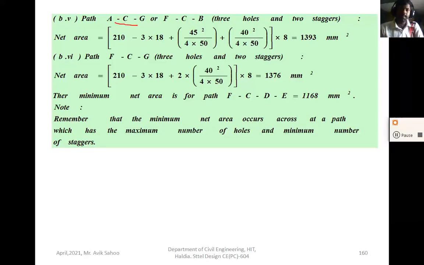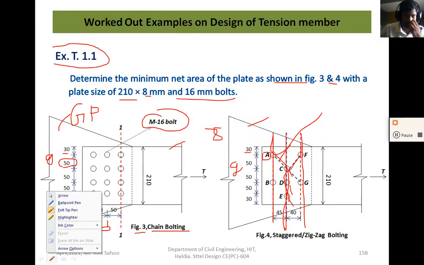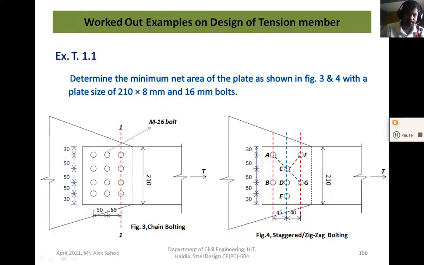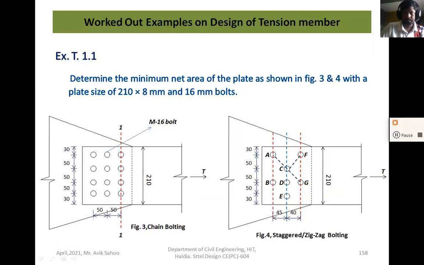Again, along ACG or FCB, 3 holes and 2 staggers, failure may take place.